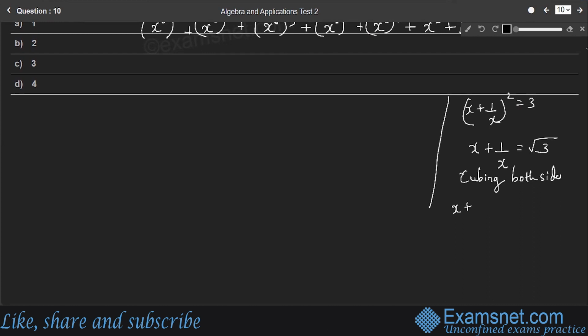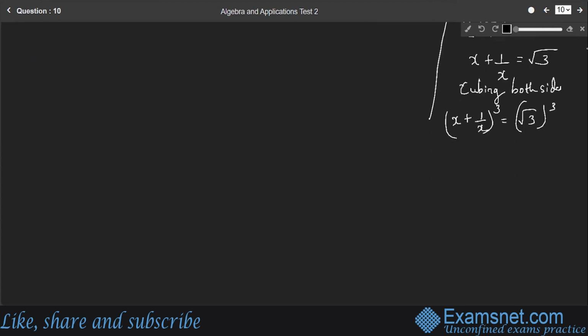Left hand side becomes x plus 1 by x the whole cube is equal to root 3 the whole cube. Apply the formula of a plus b whole cube: a cube, which is x cube, plus b cube, 1 by x cube, plus 3 times a b times a plus b, x plus 1 by x, is equal to root 3 the cube, which is 3 root 3.